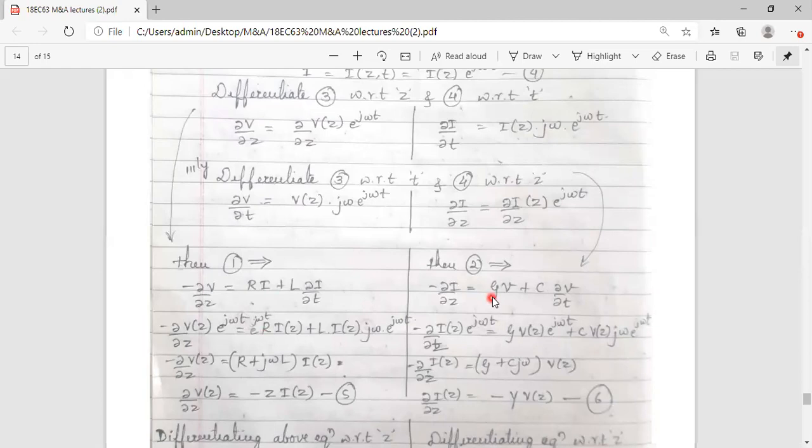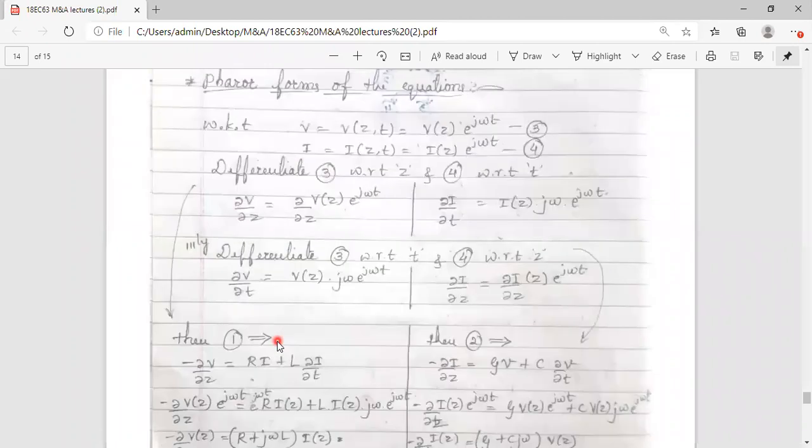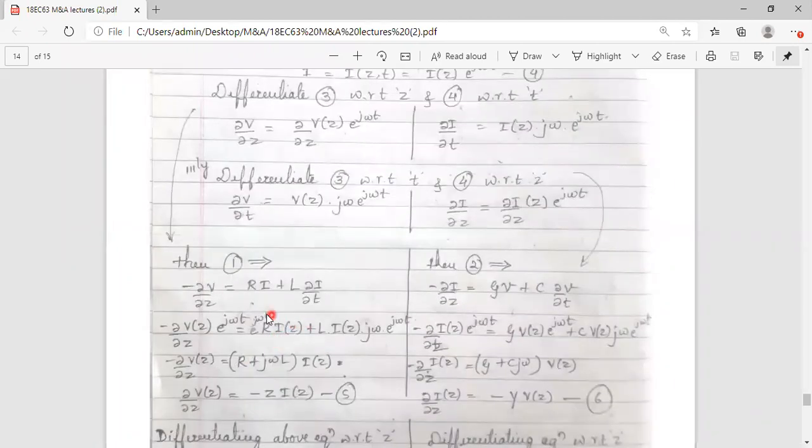What is I? I is I(z) e^(jωt), phasor form. So I have written it simply instead of I(z) e^(jωt). Now, next plus L. What is ∂I/∂t?